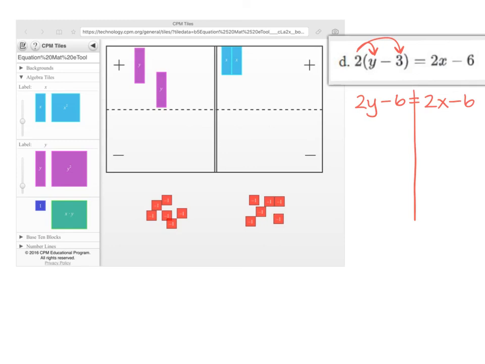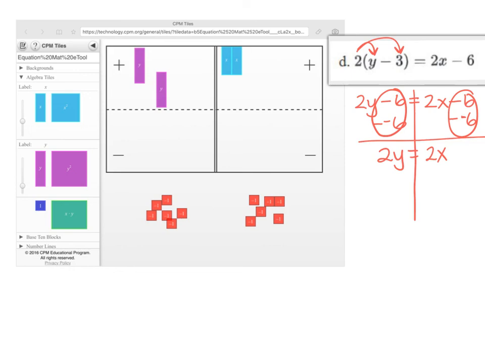All right, now when I removed negative 6 tiles from both sides, I am left with just 2y equals 2x.